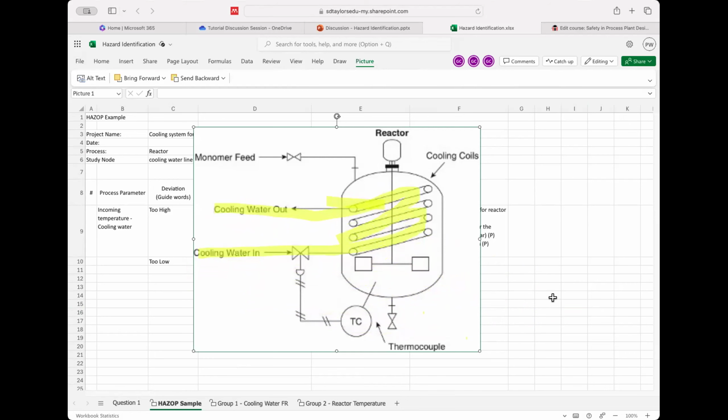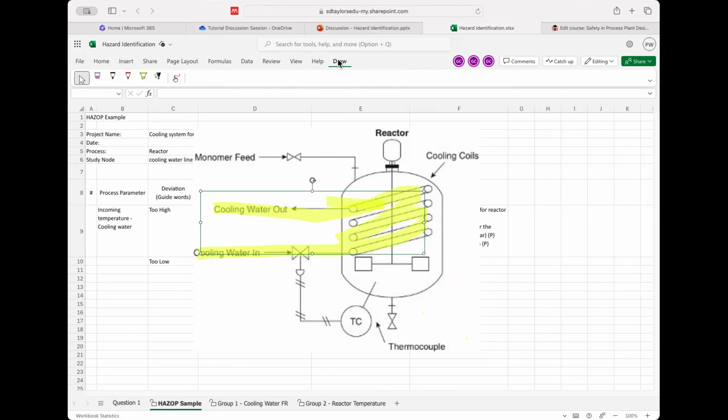So the cooling system itself is one HAZOP analysis. The monomer here is another HAZOP analysis. As you can see, there is also a stirrer.